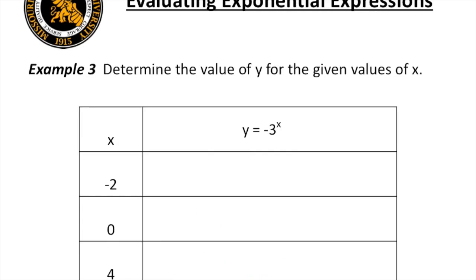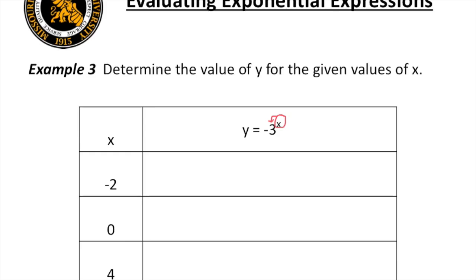Example 3 gives us the equation y equals -3 to the x. Now, one comment here, there's a potential for an error. This exponent x is only attached to what's immediately before it. And what's immediately before this is a 3.